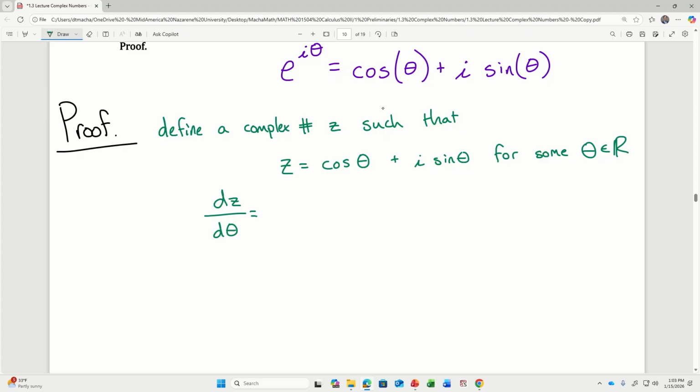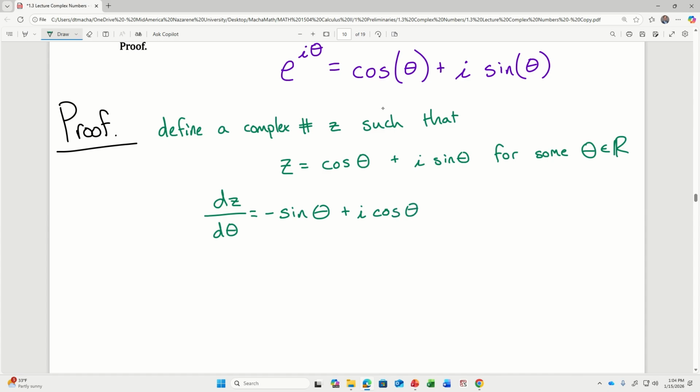What's the derivative of z with respect to theta? Well, first we can take these terms separately. So what's the derivative of cosine? Negative sine of theta. And what's the derivative of sine? Cosine. Derivative of sine is cosine, and i is just a constant.